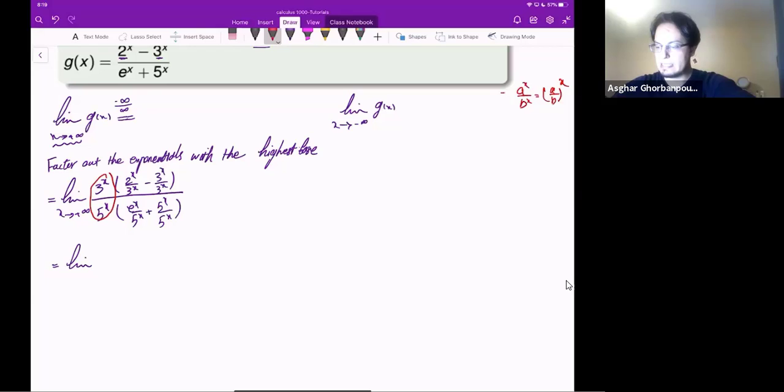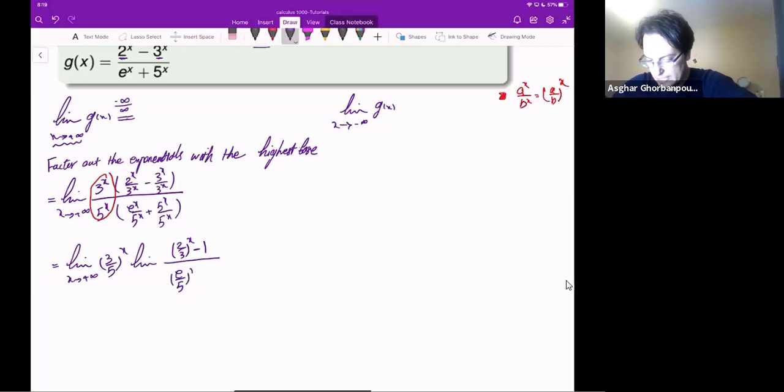Okay, so that's a fact that I'm using here. Now I can rewrite this as 3 over 5 to the power x as x goes to plus infinity, hoping that I will be able to find the limit of these guys. So this will be 2 over 3 to the power x minus 1, and this will be e over 5 to the power x, as x goes to plus infinity, plus 1.